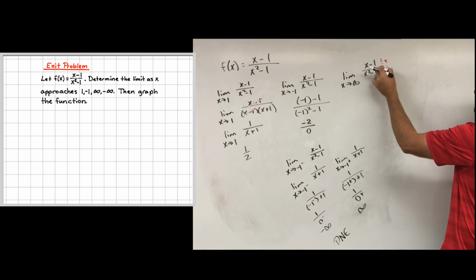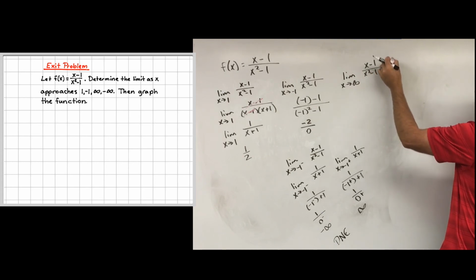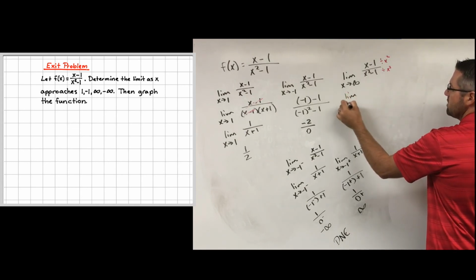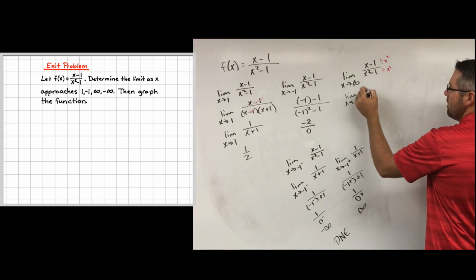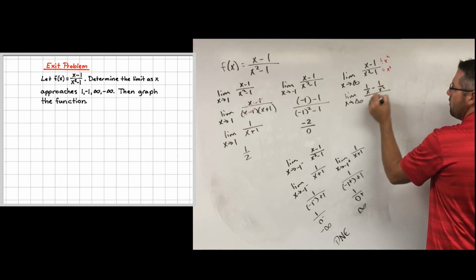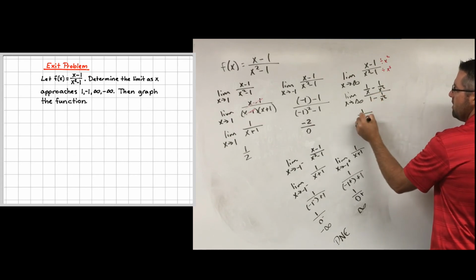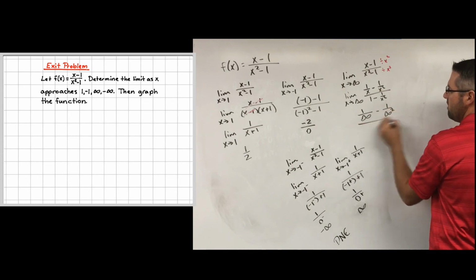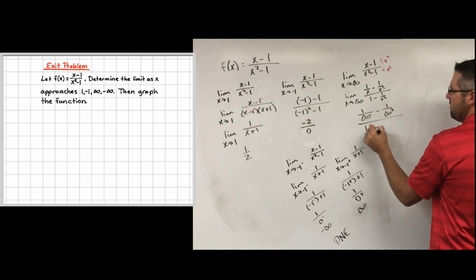So I'm going to divide by x squared on both of them. So I end up with the limit as x approaches infinity of 1 over x minus 1 over x squared, over 1 minus 1 over x squared. Then when I plug in infinity, the signs are pretty simple because infinity is a positive infinity.